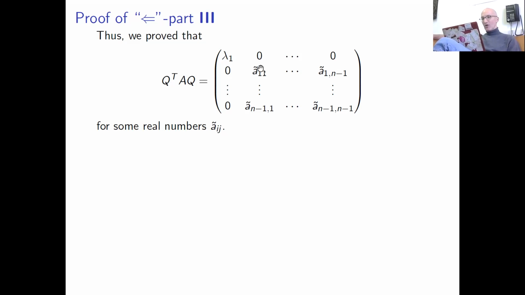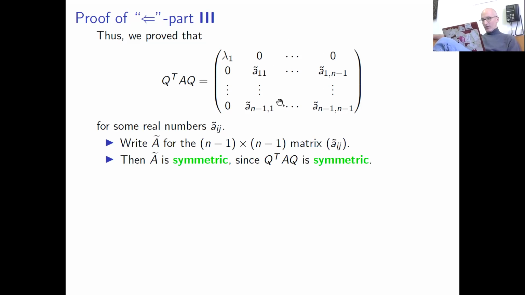We already know that this n-1 times n-1 matrix is symmetric, so it's orthogonally diagonalizable. Now we just need to cook up an n times n matrix of orthogonal diagonalization for this matrix using our inductive assumption. This is done in the next part of this slide. We denote this n-1 times n-1 matrix by A tilde.